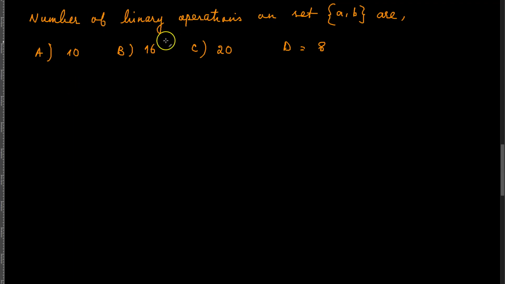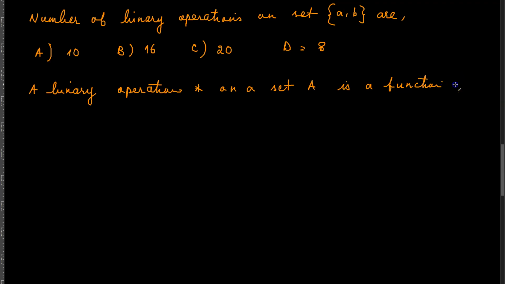We said that a binary operation star on a set A is a function star from the Cartesian product of A and A to A, meaning that star is a function, the domain of this function is the Cartesian product of A and A, and the codomain of the function is the set A.